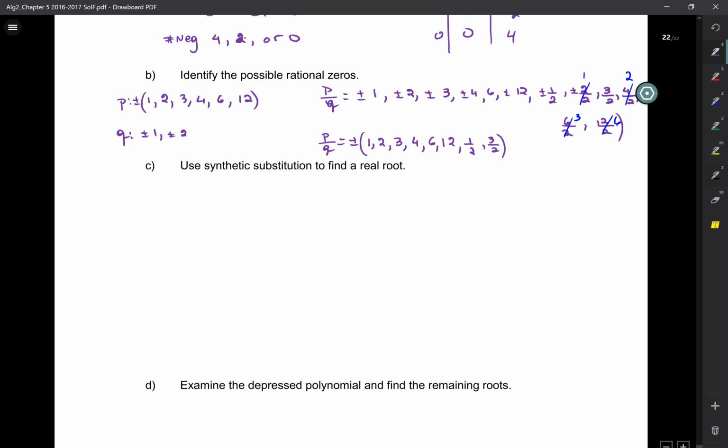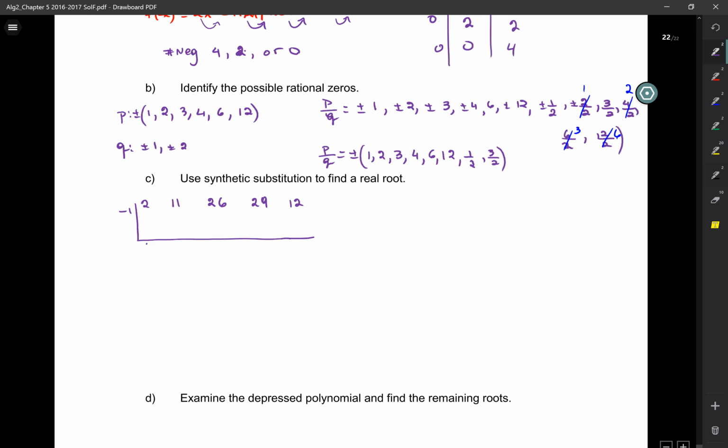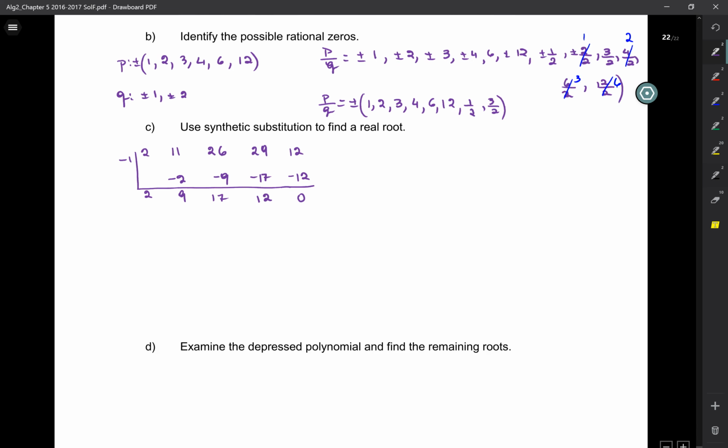I have 2, 11, 26, 29, 12. 2 comes down, -2, 9, -9. What do I get here? 17, -17. What do I get? Or 12. -12, 0.